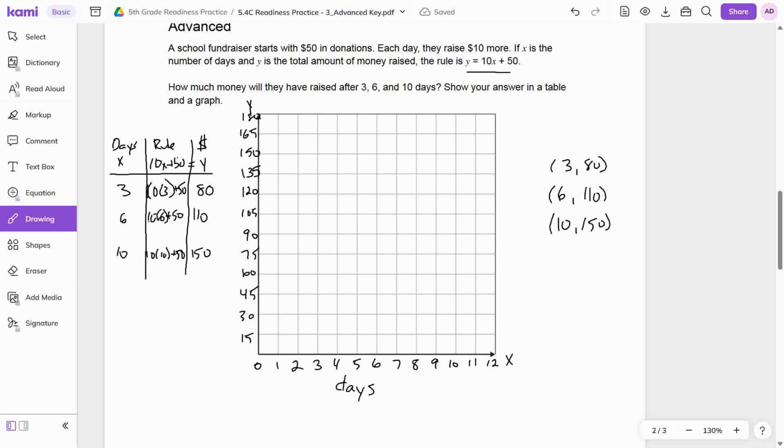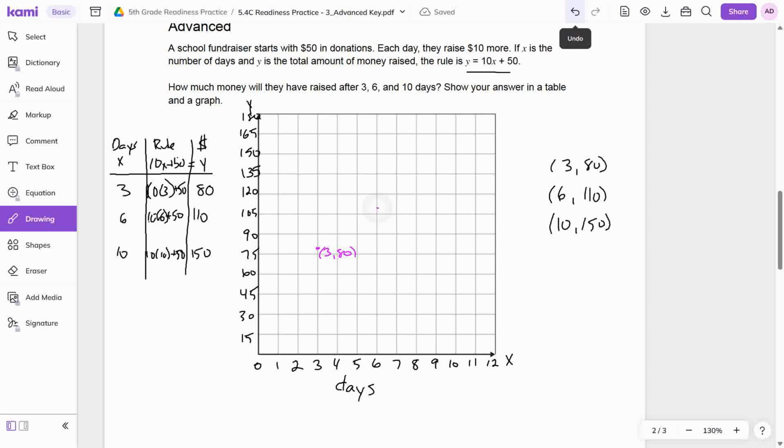We're going to have to estimate on some of these if we don't get an exact. So 3, 80. My 80 is going to be between my 75 and 90, but probably closer to the 75 than the 90. So let me put that a little bit lower. There we go. So I'll go ahead and label it 3, 80. Next, we're going to have 6 and 110.